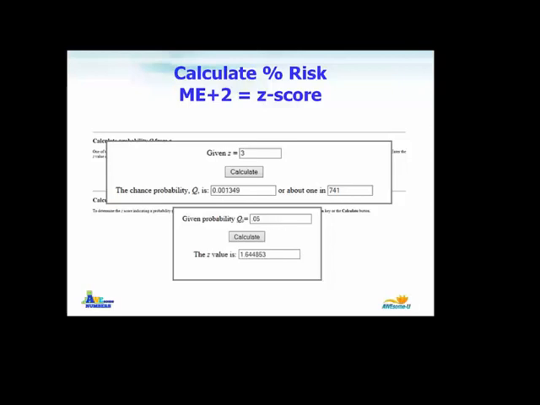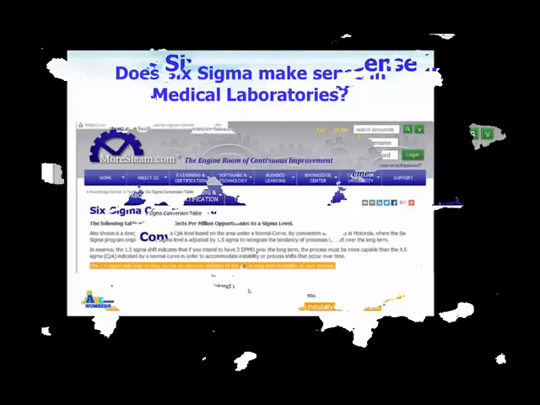If you wanted to say, I want to set an acceptable risk level of 5%, then you'd say my acceptable sigma is 1.65. If you want to say, I want 0.1% error rate, as you can achieve for those glucose, you'd set your acceptable sigma level at 3.1.